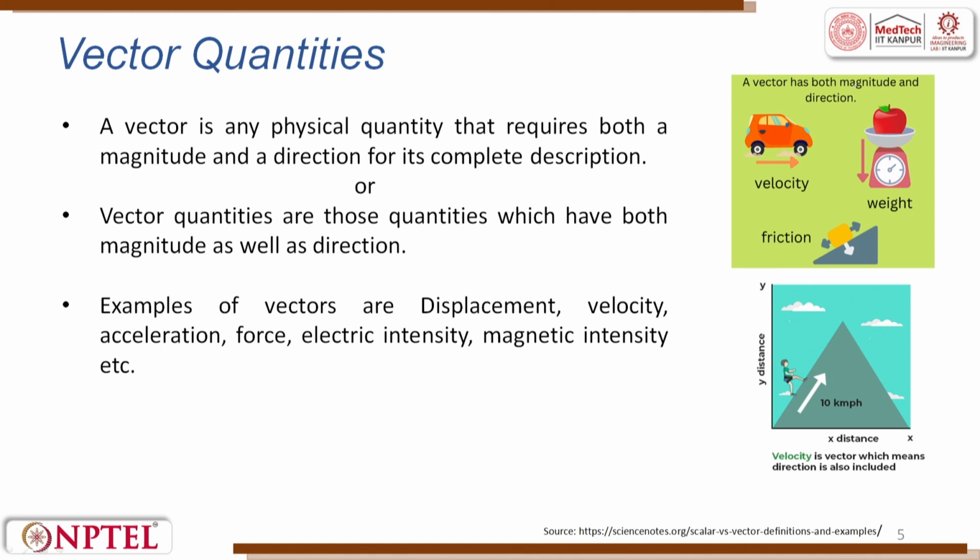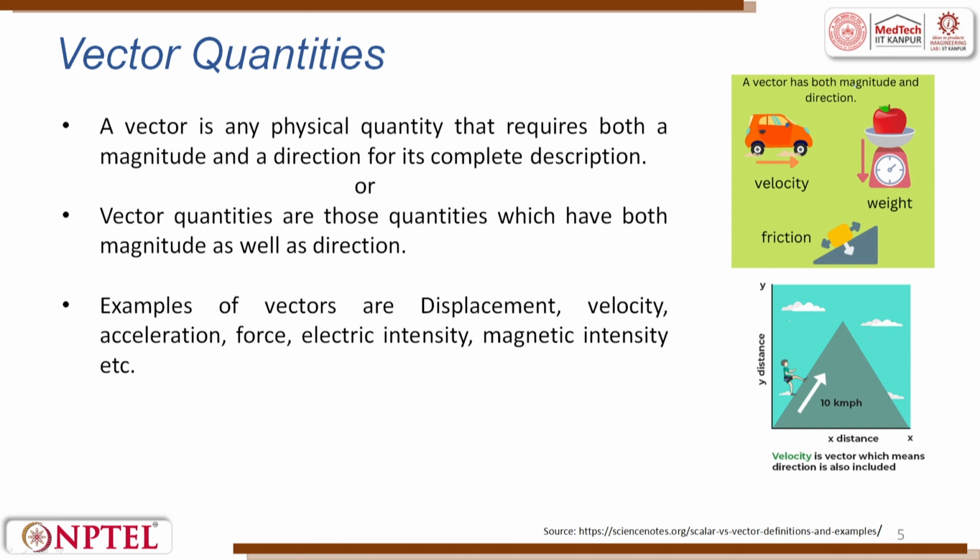So, here if you see, we have directions also. A vector is any physical quantity that requires both magnitude and a direction for its complete description, or vector quantities are those quantities which have both magnitude as well as direction.